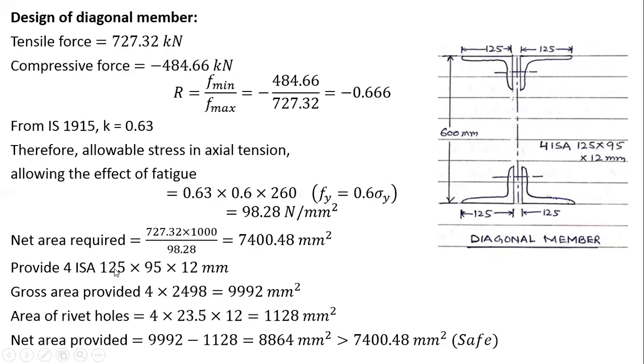So for ISA 125 95 12, the gross area provided will be how much? 4 into the area of one angle. So this is the total area. This is the deduction for the rivet hole: 4 into D into thickness 12. So this is my deduction. This minus this, I will get this. So this is more than the area required, which is this one. Hence it is safe.